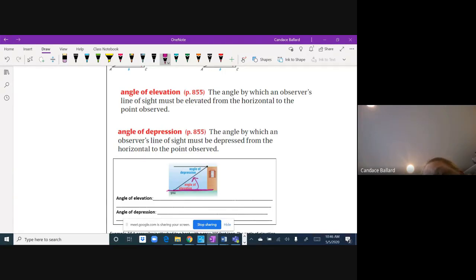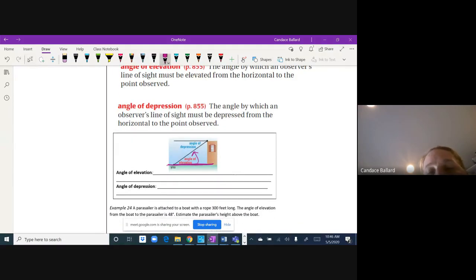I like to think of it as when you're happy, you're elevated, you are going up. Or an elevator, typically you're at the bottom floor and it goes up. Angle of depression is the angle by which an observer's line of sight must be depressed from the horizontal to the point observed. So it's a horizontal, okay, down to a point.